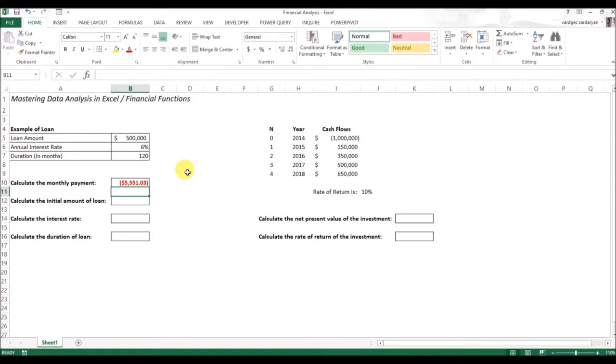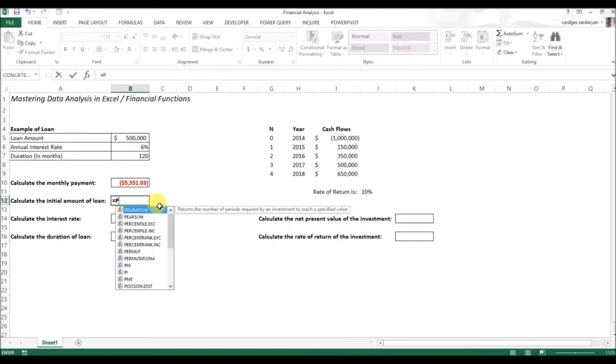Now, for the same example, let's suppose that we have the monthly payment, also interest rate and duration, and we need to calculate the initial amount of the loan. For this purpose, we will use the PV function, present value.